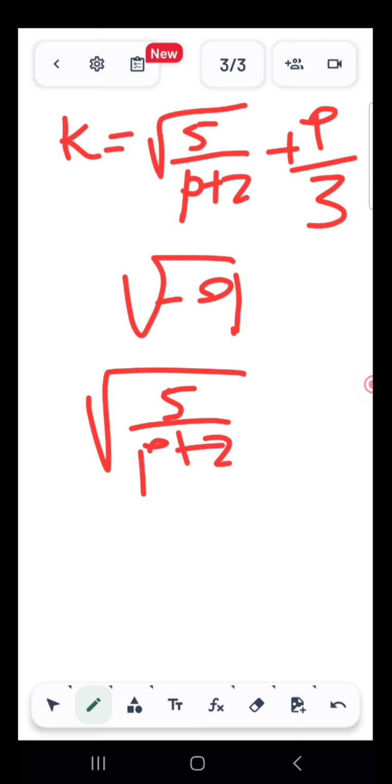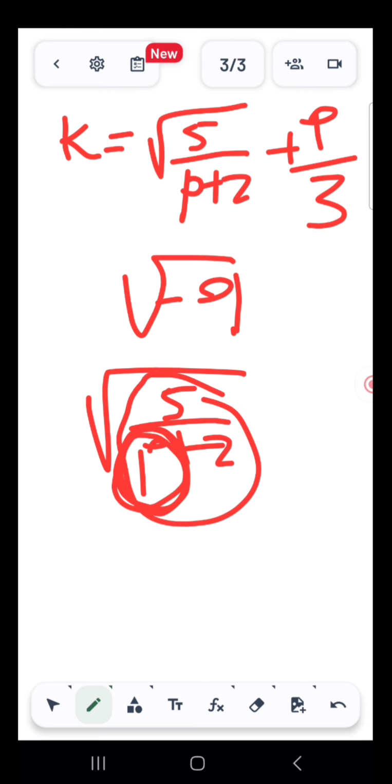We must substitute p so that this whole fraction inside does not become negative, because that number inside the root is the one that makes it positive. Positive is where it starts, because if it becomes negative it's non-real. And in the question we want to know for which values it will be real. So non-real is negative, real is positive.